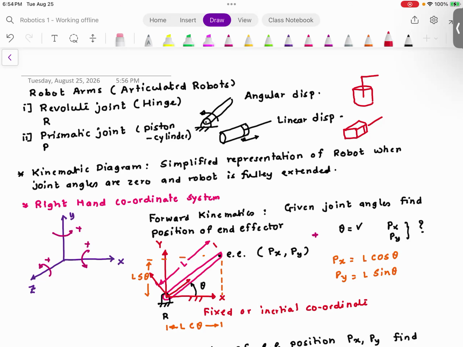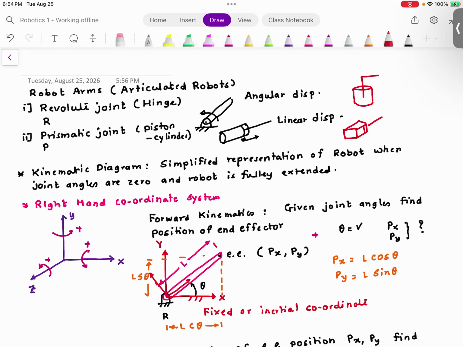Otherwise, your calculations will go wrong. The other sign convention is curl your fingers in the direction of rotation. If your thumb is pointing in the positive x-axis or positive y-axis or positive z-axis, that rotation is positive. So we will always deal with the right-hand coordinate system and positive rotation.